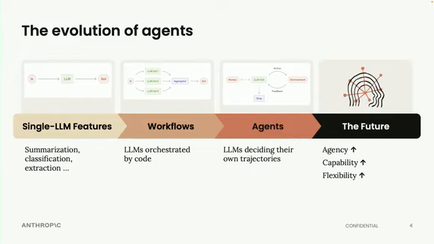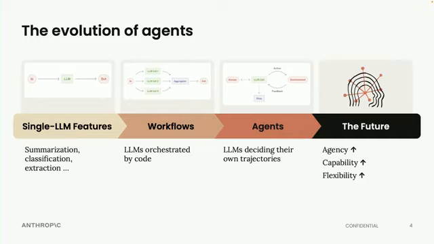And now we're getting to agents. The canonical agent to me is Claude Code. With Claude Code, we don't really restrict what it can do. You're just talking to it in text, and it will take a really wide variety of actions. Agents build their own context, decide their own trajectories, and work very autonomously.